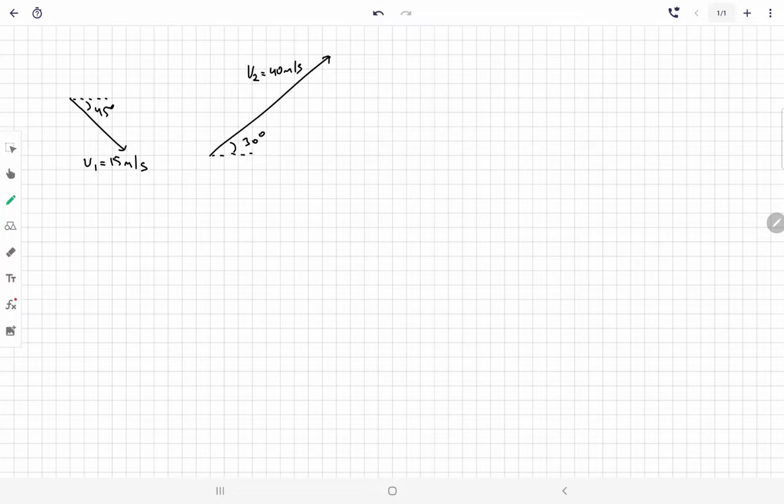So first question, determine the impulse delivered to the ball. So we should find the impulse. So this is a framing picture, diagram, that we know. First part. Second part, let's plan. What can we plan?